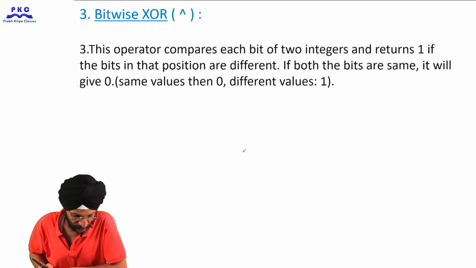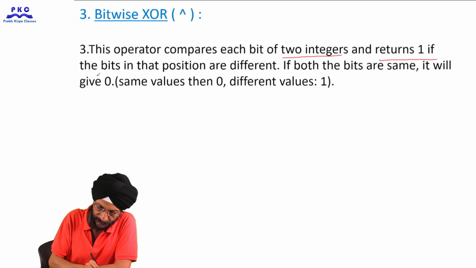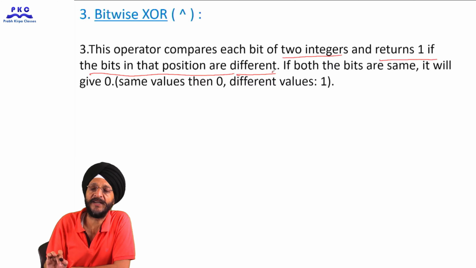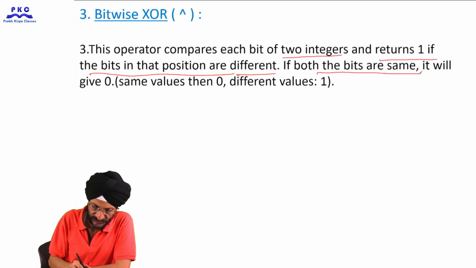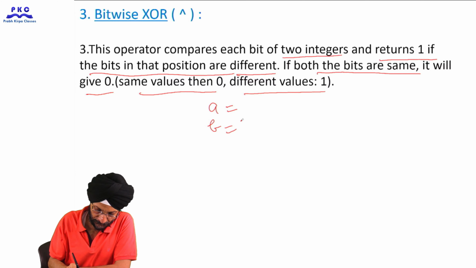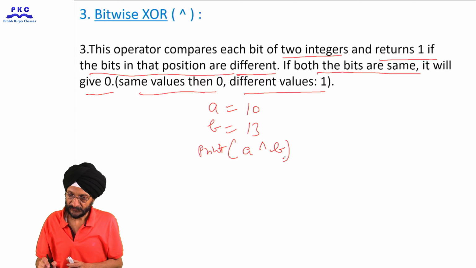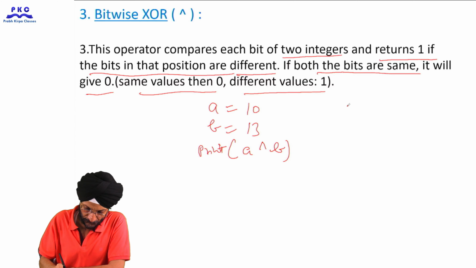Now bitwise XOR. This operator compares each bit of two integers and returns 1 if the bits in that position are different. If both the bits are the same, it will give 0. That is, same value 0, different values 1. We again take the same example, A 10, B 13, and now we will use the bitwise XOR operator.